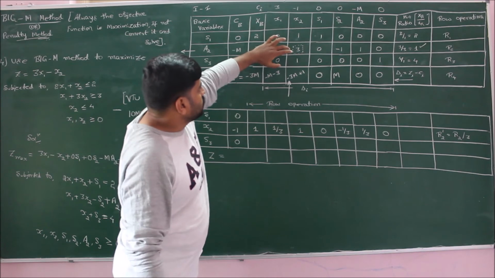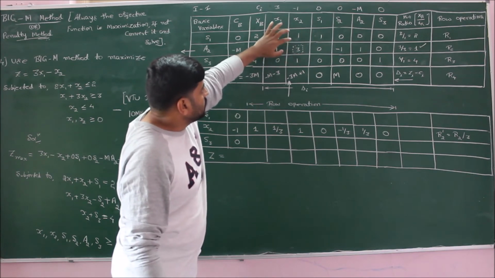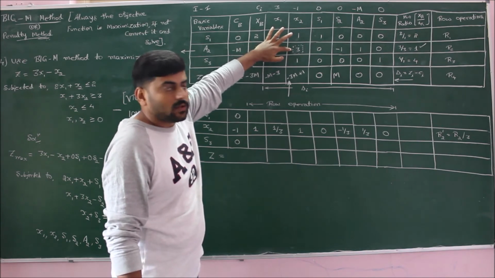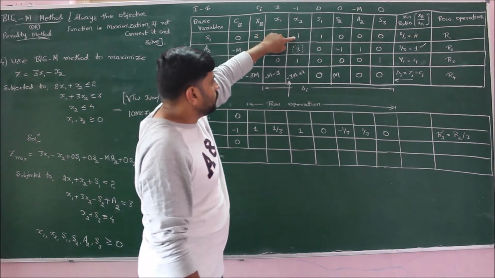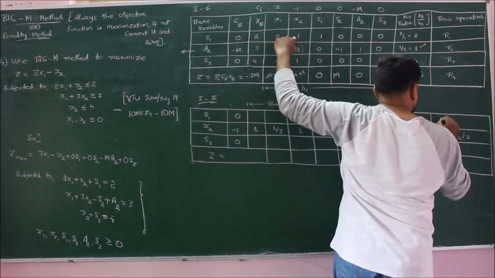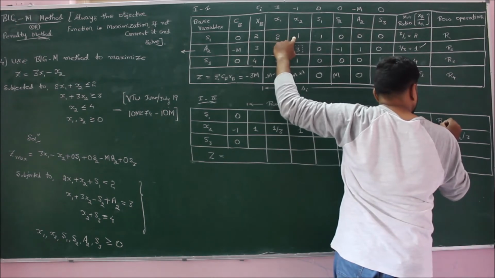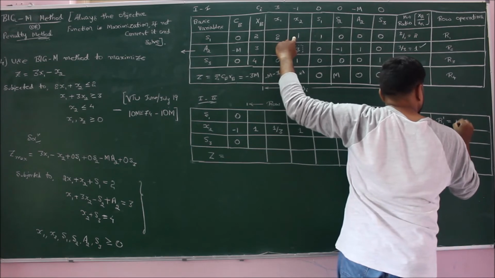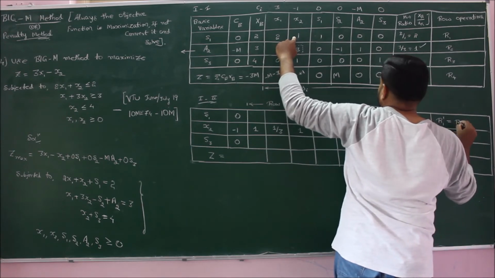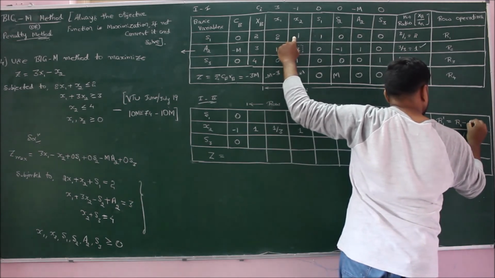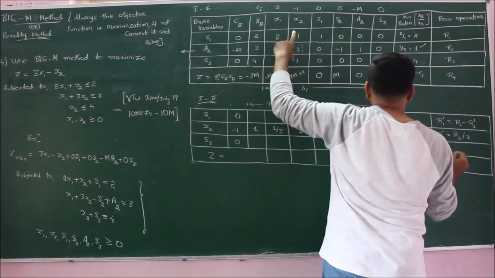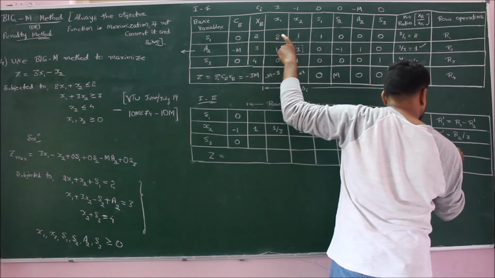Now I should make all the elements above and below the key element as zeros. So therefore here I have 1, so it is very simple. Therefore the row 1 of second iteration is equal to row 1 of first iteration minus new row 2. Similarly here also I have 1, so operation is simple.